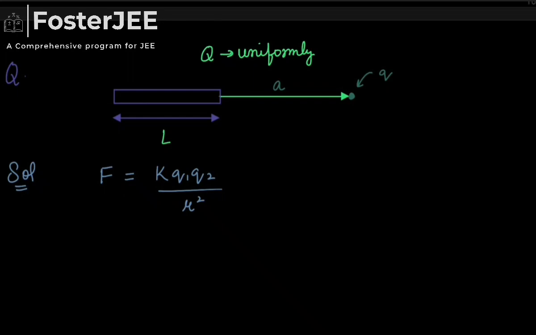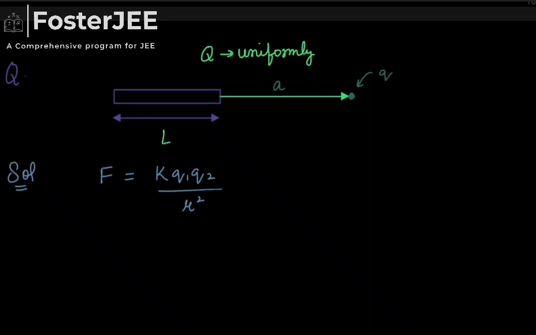This method of integration is applicable to almost 95% of the problems in physics. So it's very important at this point of time that we know how to do integration and where to do integration. Why are we doing integration here? Because charges are distributed over the rod, and due to uniform distribution, the distance between every charged particle is not the same.